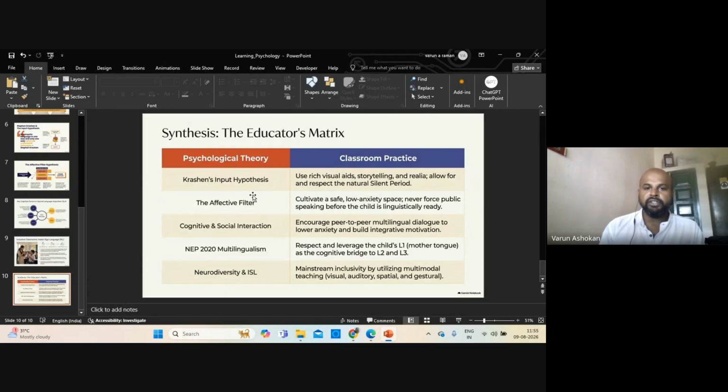Then cognitive and social interaction: he also speaks about encouraging peer-to-peer multilingual dialogues to lower social anxiety and build integrative motivation. It is very important.